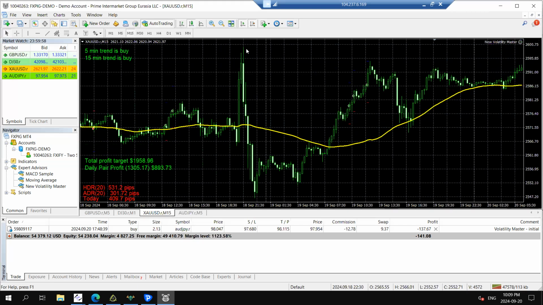Okay, this was an FOMC news event, which is in the wee hours of the morning for me, so I was asleep anyway. But that news event occurs on this first big candle.